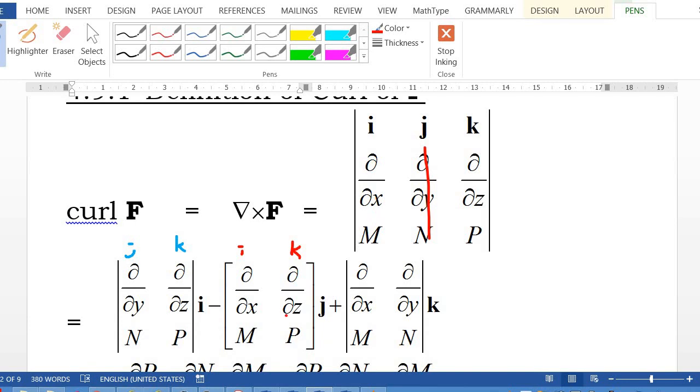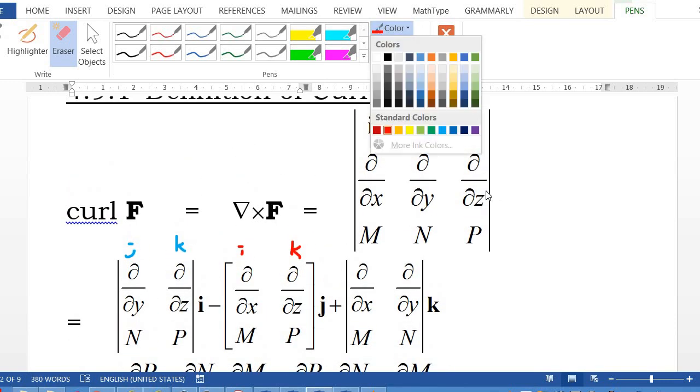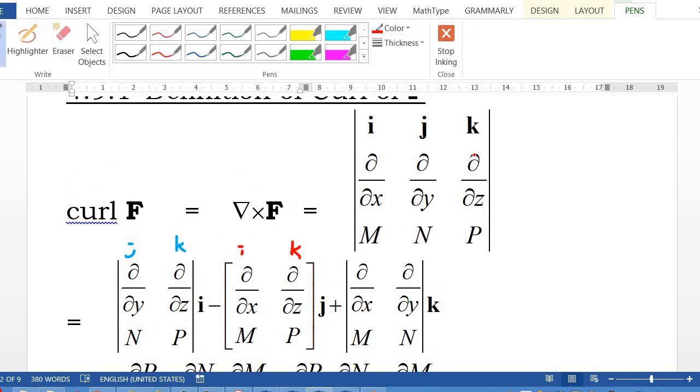You have ∂/∂x, this M, ∂/∂z of P. So for component j, you have ∂/∂x of P. Because this is negative, it becomes ∂/∂z of M minus ∂/∂x of P. For component k, close your component k here.